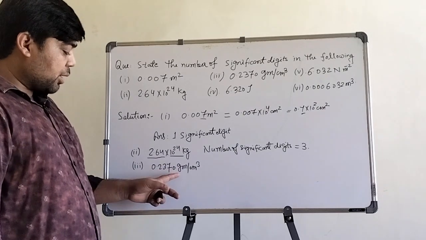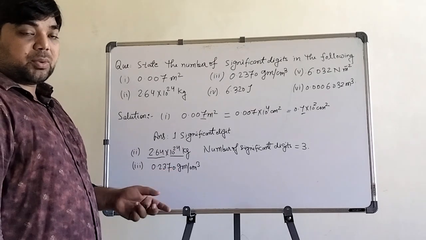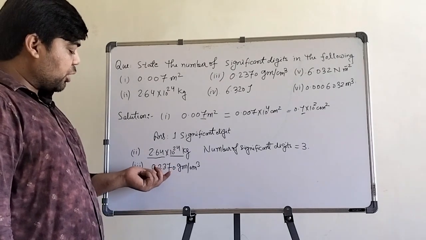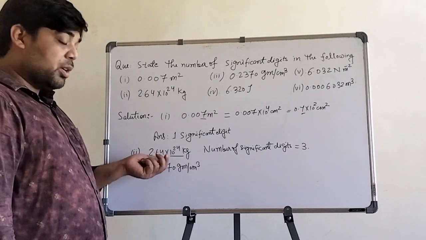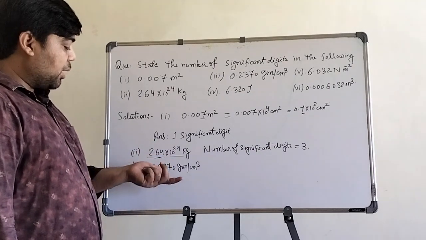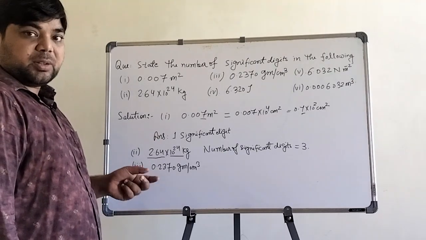In the next measurement you may have 2372 or 4 or anything like that, anything can happen. So when we measure different times, it may be due to human error, due to instrumental error, or any sort of error.